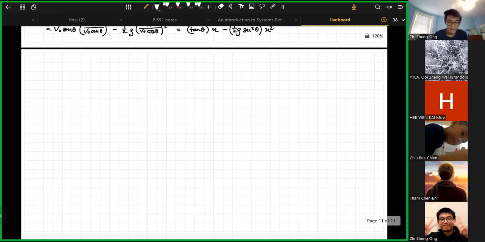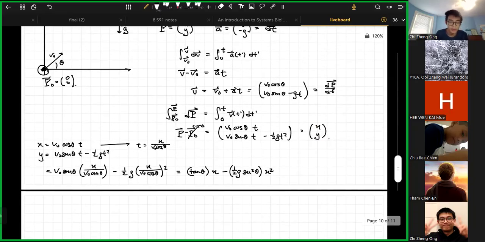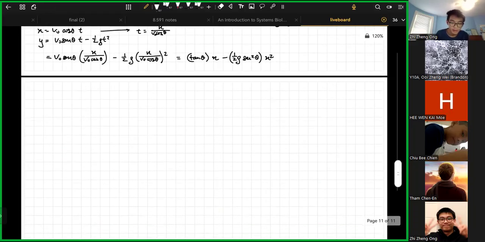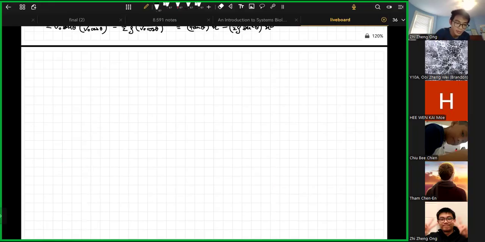Something cool about this is that if you know the trajectory of one parabola, oh sorry, let me formulate this motivation in a new way. Suppose again you know one parabola at one v naught.